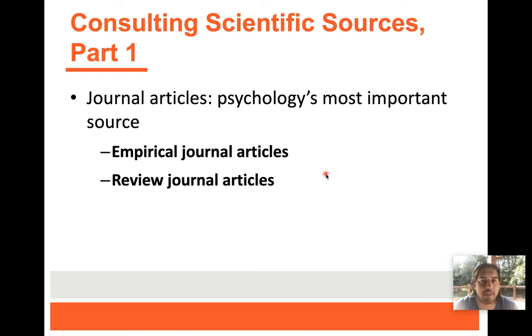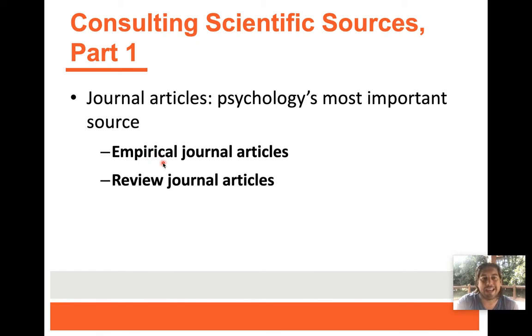So let's start with scientific sources. The first and foremost place, as we discussed in chapter one, where you will find published scientific material are journal articles. This is psychology's, as well as the rest of the sciences', most important source of information. This is where you publish research findings.